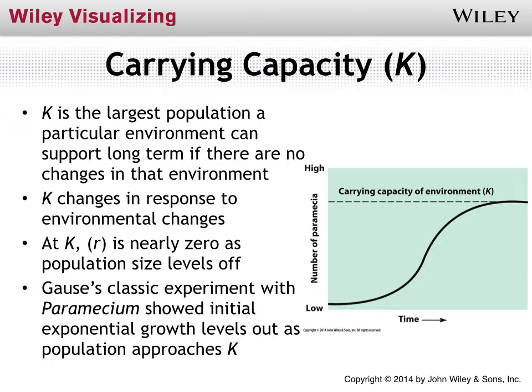This experiment, though, shows what theoretically happens to a population. As the population grows and gets closer and closer to the carrying capacity, what happens? Well, the growth rate starts slowing down and the population size actually levels off. So notice this is an S-shaped curve.